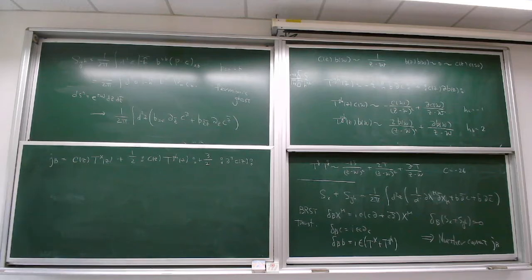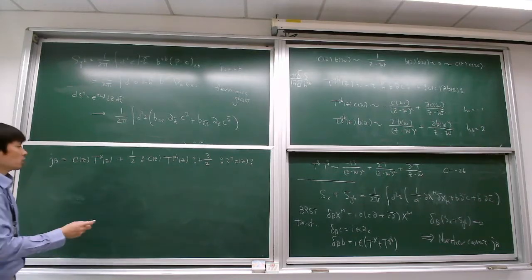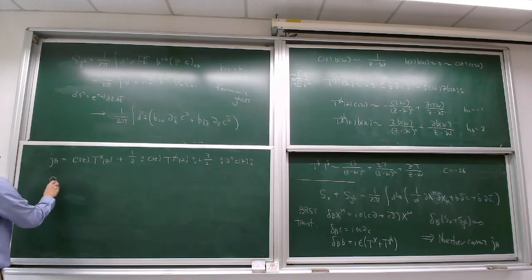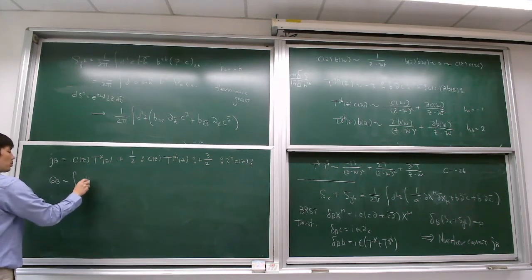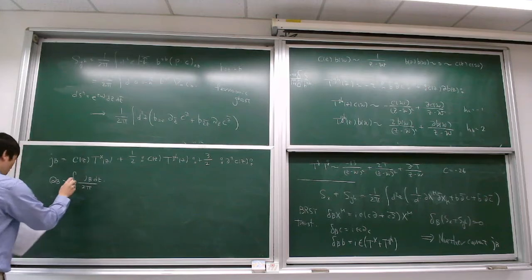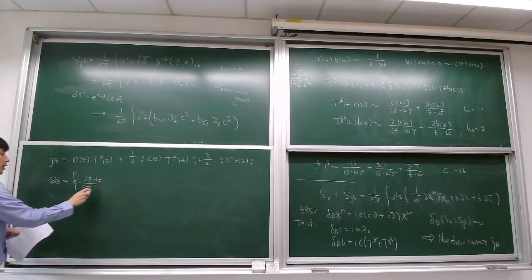Okay, and then one can plug in the explicit form of T ghost and T, and then yeah, the BRST charge can be understood as the spatial integral, dz over 2 pi i.